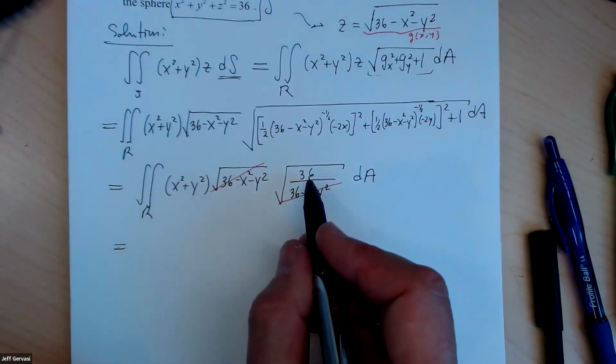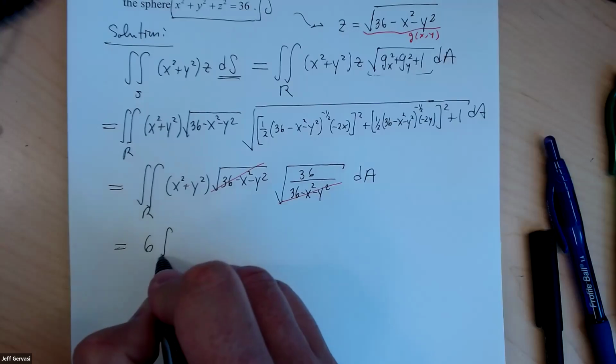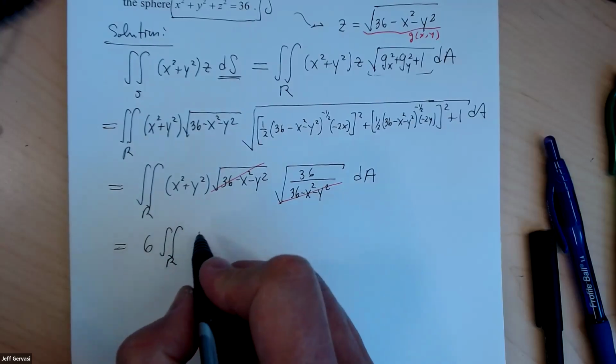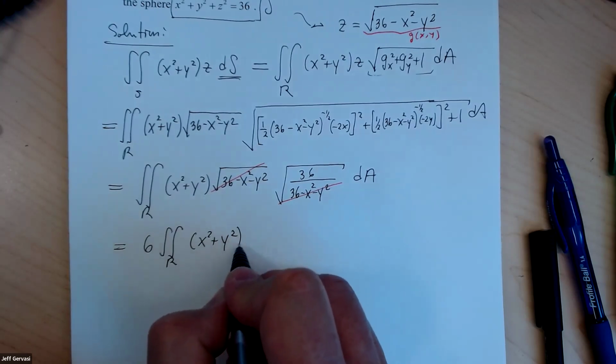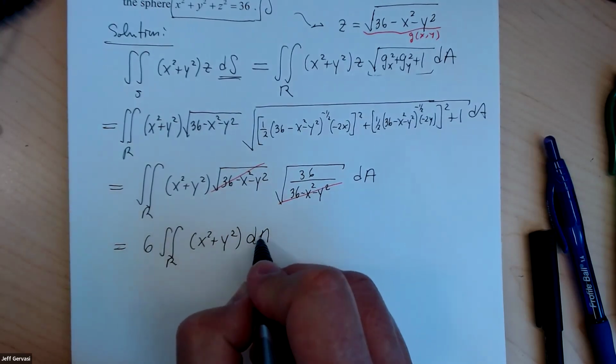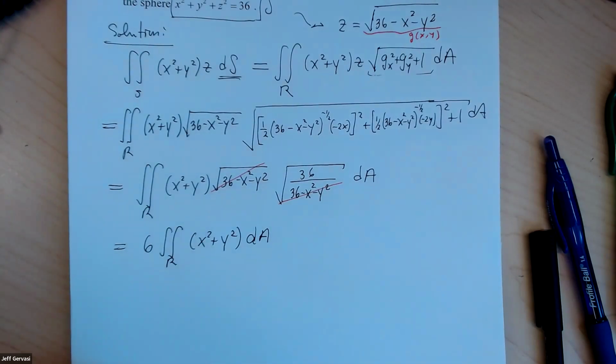The square root of 36, I'll just move that through the integral symbol like this. All right, not too bad.